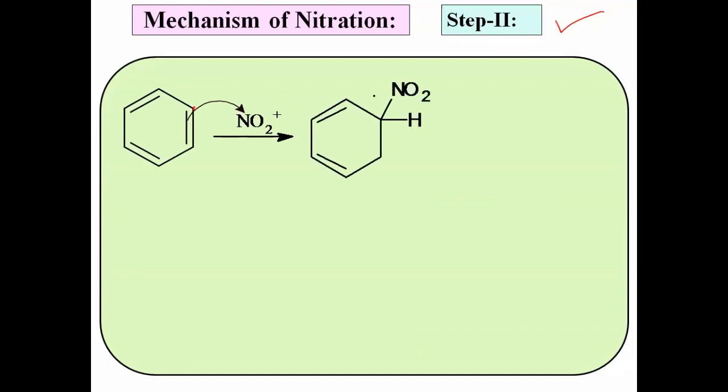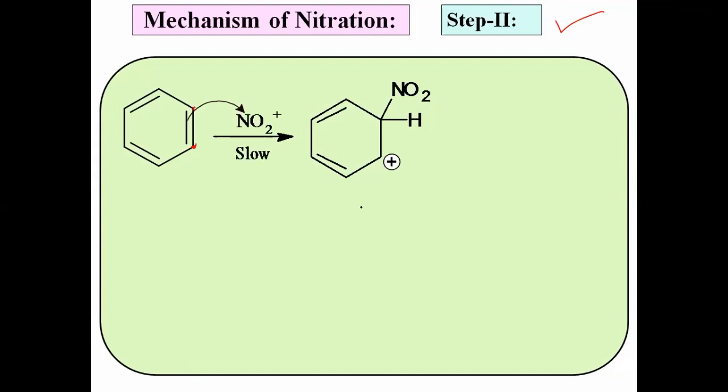That carbon already has hydrogen, त्याकडे already hydrogen आहे. I have shown that hydrogen which is already present on that carbon. Now what about the second carbon? Yes, that second carbon acquires positive charge. Okay, and there is a formation of an intermediate carbocation. It is also known as the arenium ion intermediate.